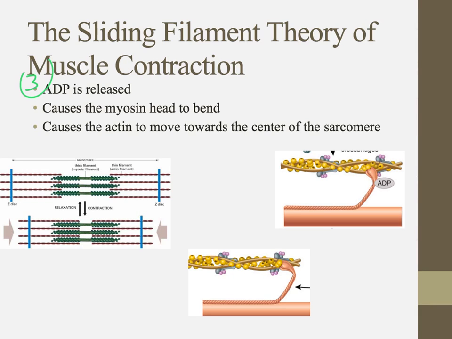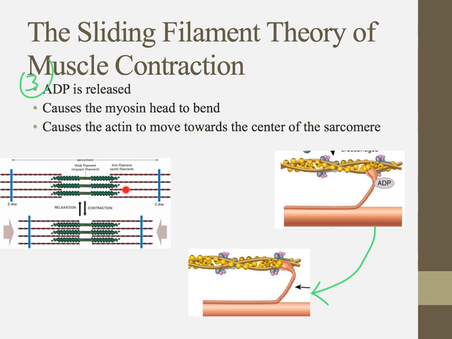In step 3, so getting from here to here, that ADP is going to get released, so it drops off. And when it does that, it causes this myosin head to bend this way, okay? So it literally kind of throws this actin this way. You can tell how if this were to bend this way and it's attached to this, it's going to cause this to be thrown or slid this way. So that's what we're seeing here. When that ADP is released, it causes it to bend this way.